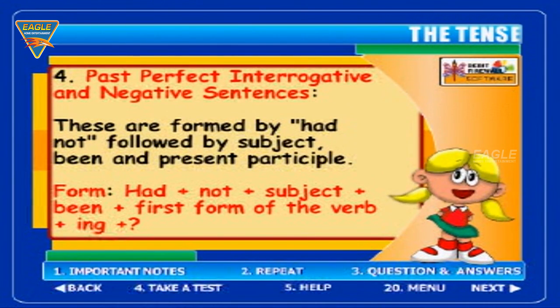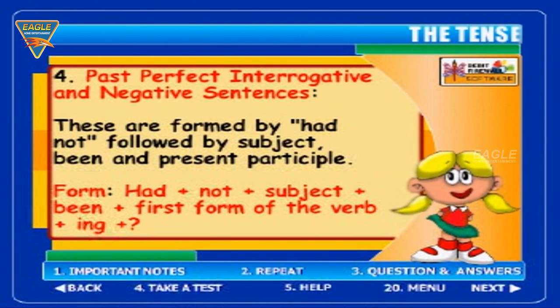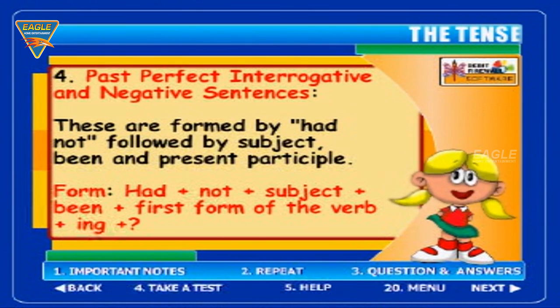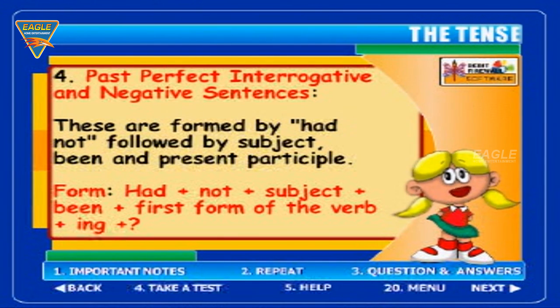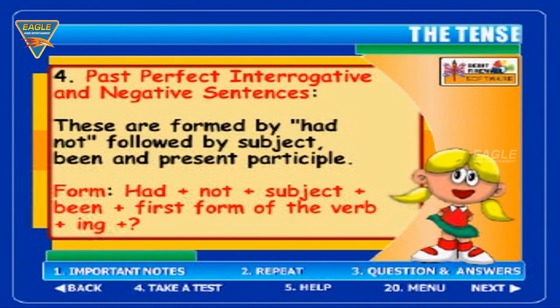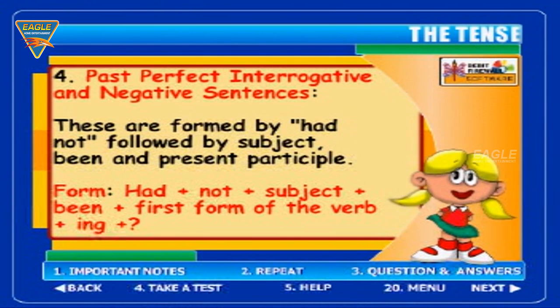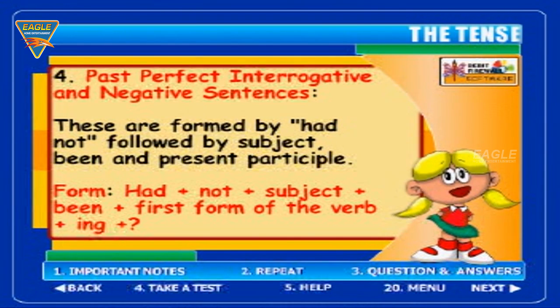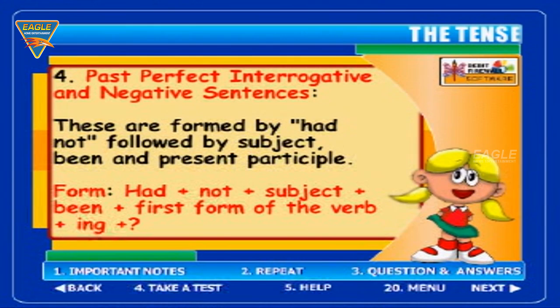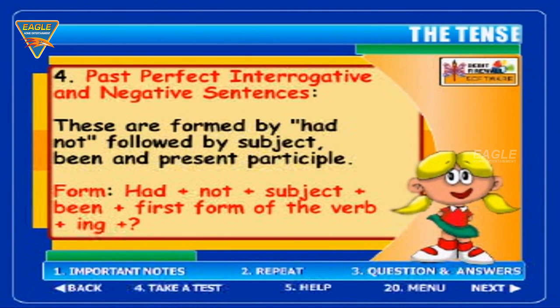Past perfect interrogative and negative sentences. These are formed by had not, followed by subject, been and present participle. Form: had plus not plus subject plus been plus first form of the verb plus ing plus question mark.